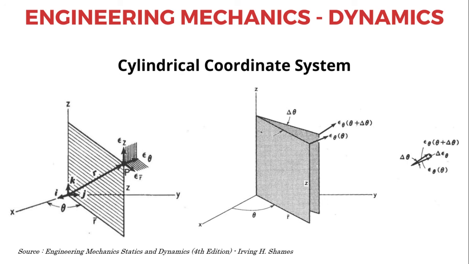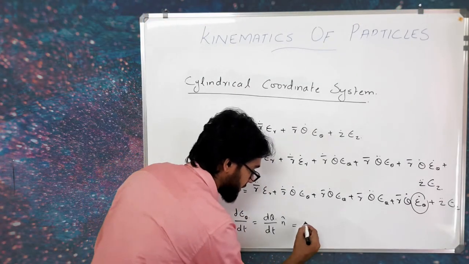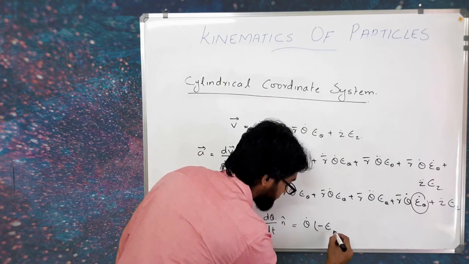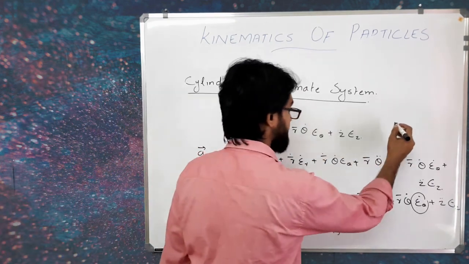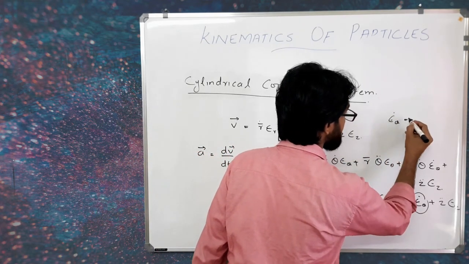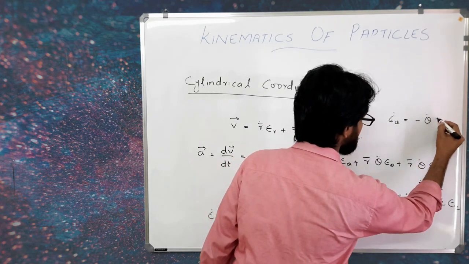We can observe that as the value of delta t tends to 0, the unit vector n is opposite to the unit vector epsilon r. So I can write this as d theta by dt, that is theta dot, n vector will be equal to minus epsilon r. So remember that equation once again here. Epsilon theta dot is equal to minus theta dot epsilon r.